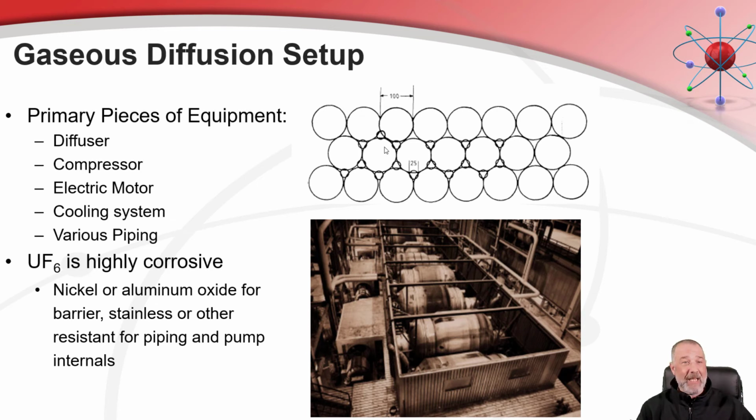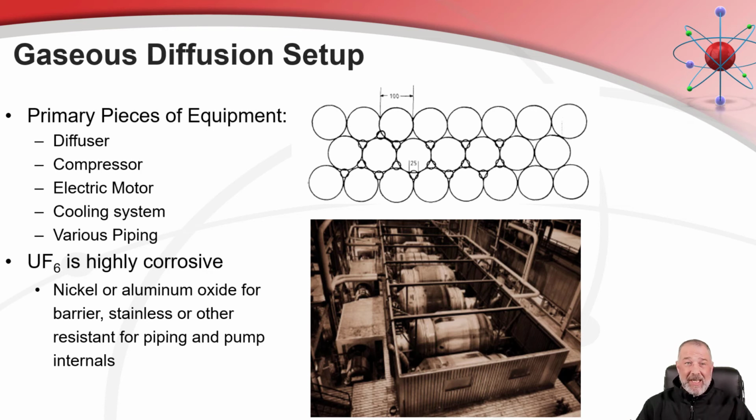So you need to pick the material so that you get the holes and the path length you need, so that for a given pressure differential, you get a certain flow rate through that barrier.